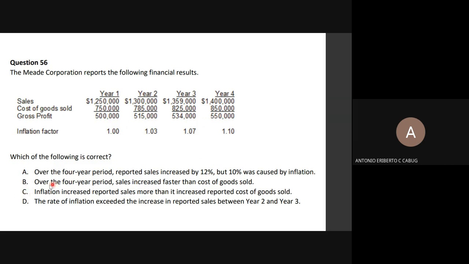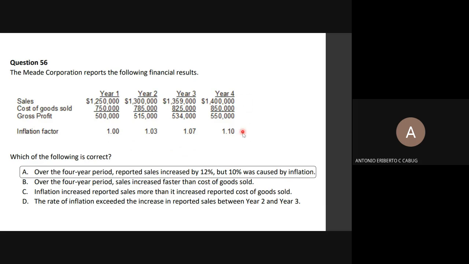So C and B are wrong. The correct answer is A. Although reported sales increased by 12%, 14 minus 1,250 divided by 1,250, it is an increase of 12%. Your CPI, the inflation factor, increased by 10%.